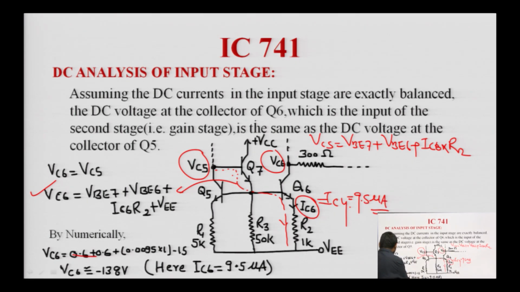We put this value in this equation: VC6 equal to 0.6 plus 0.6 plus 0.0095 into 1, where 1 kilo ohm is the resistance value of R2, and minus 15. We get here V equal to minus 15 volt. This will be the minus 15 volt. So, we get VC6 equal to minus 13.8.